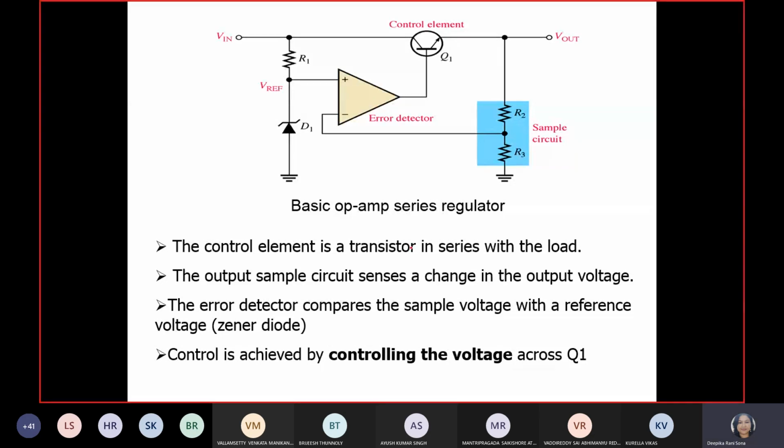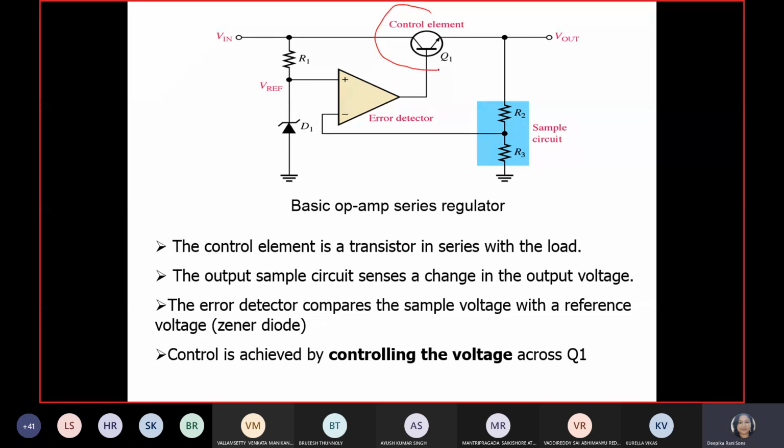What is the control element, guys? In that block diagram I showed you the control element. Which circuit or device have we used in that control element? A transistor.